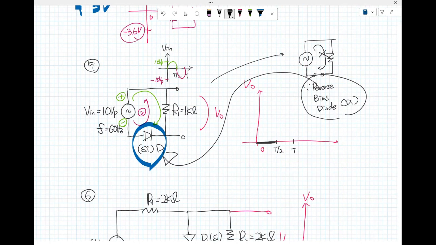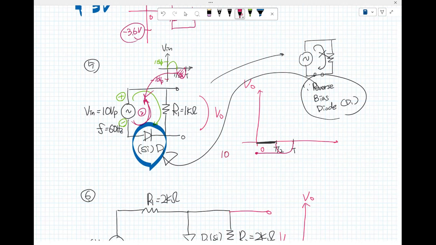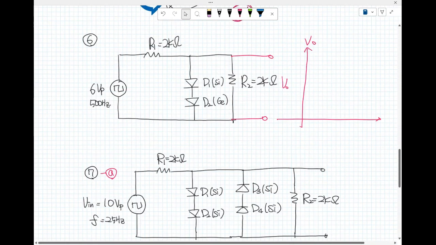So, but how about this one here? Circle the 2 here. That was for what? 10 minus 0.7, 9.3 volt. 9.3 volt. Okay. That is questions.